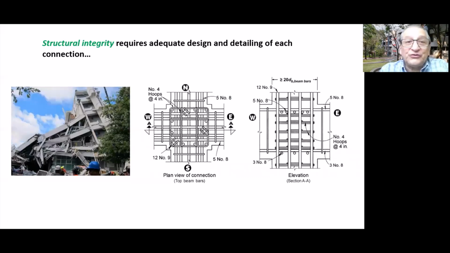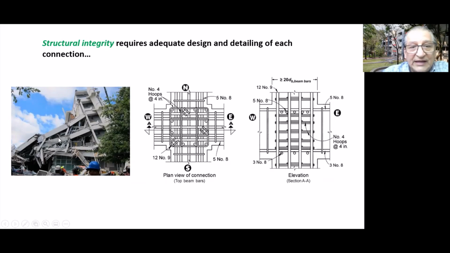Also, our structures need structural integrity, which requires adequate design and detailing of each connection. And why do we need to be so careful in the design and detailing of every single individual connection?